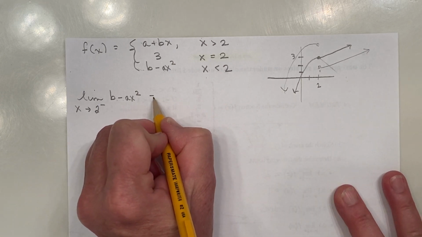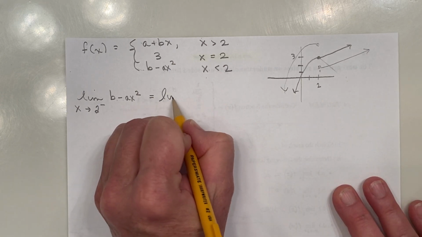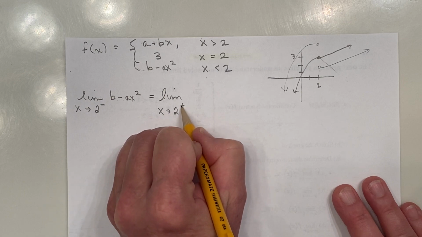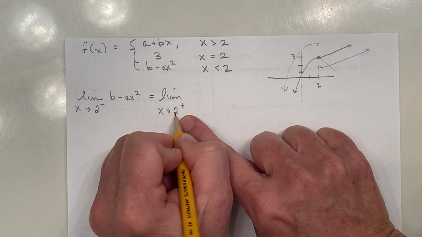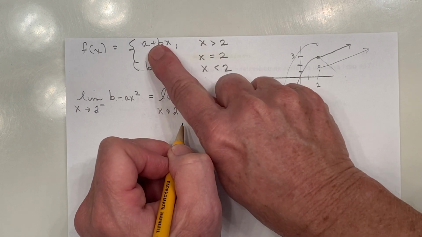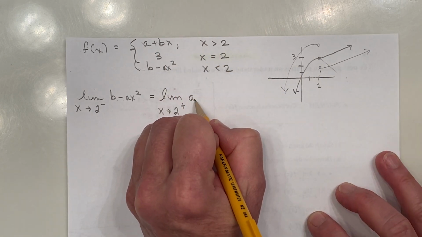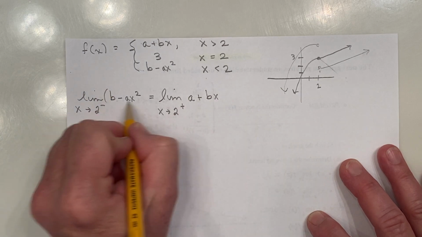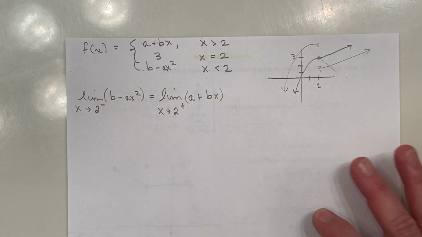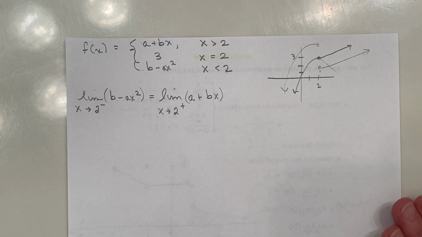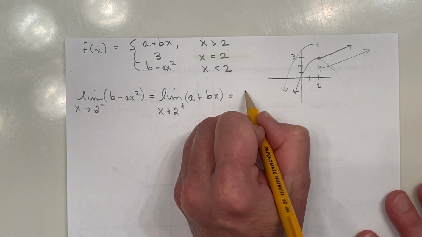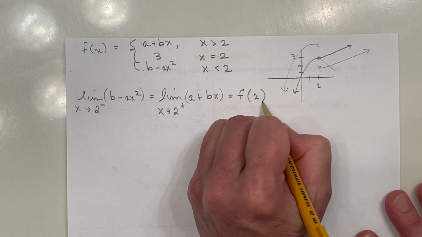That has to equal the right-hand limit as x approaches 2 from the right. So numbers bigger than 2, and instead of f of x, we're going to put this quantity here. Sometimes you'll see parentheses around all this. It's probably a good idea. And not only do we want the left and the right limit to be equal, we want them to equal the functional value f of 2.